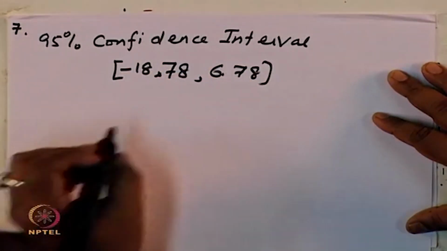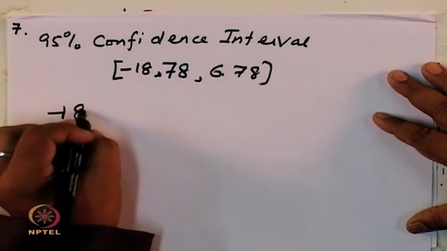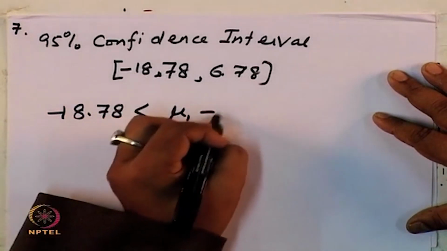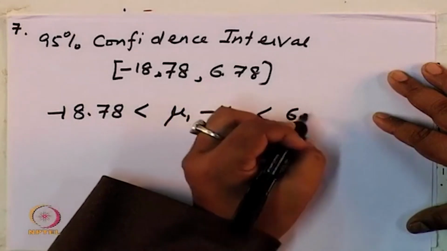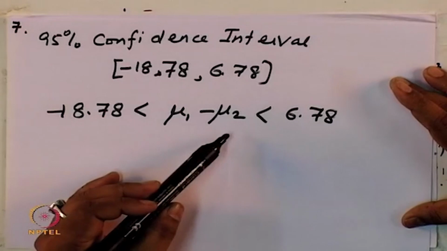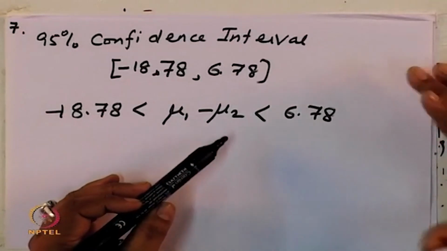So, what this means is, I can write minus 18.78 less than mu 1 minus mu 2 less than 6.78.